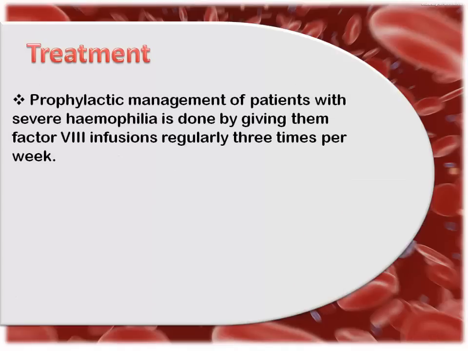Furthermore, prophylactic management of patients: not in cases of bleeding, but we want to prevent the bleeding from occurring. So patients with severe hemophilia are given prophylactic management, and this is by giving them factor VIII infusions, whether recombinant or plasma derived, regularly 3 times per week.